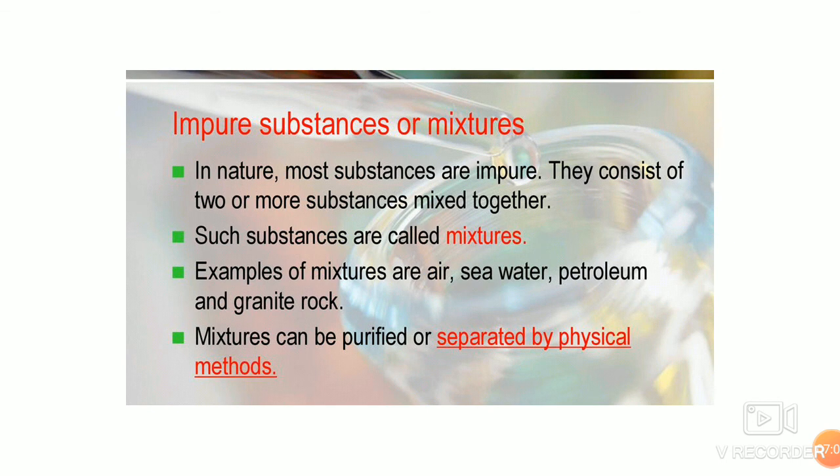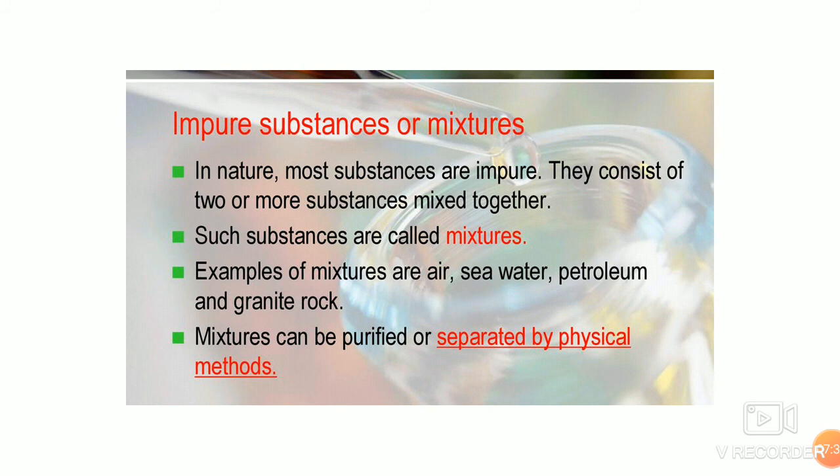Coming on to the next category, that is impure substance. What do we call it? We always call them mixtures. So what are mixtures? When two or more pure substances, be it elements or compounds, mix together in any ratio, this is called a mixture, right?